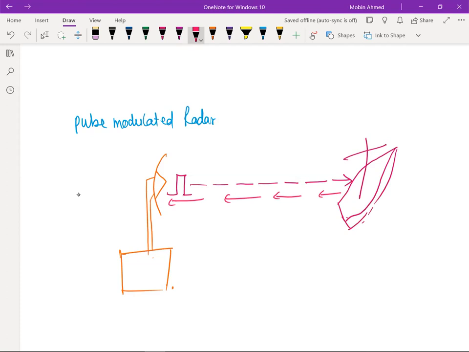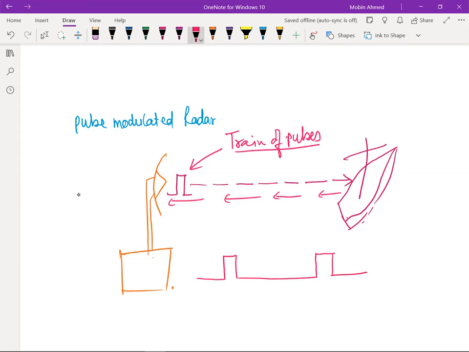We are not going to transmit continuously. A train of pulses is transmitted, not a continuous transmission. That means we have one transmission pulse here, and a second transmission pulse appears after some time like this.